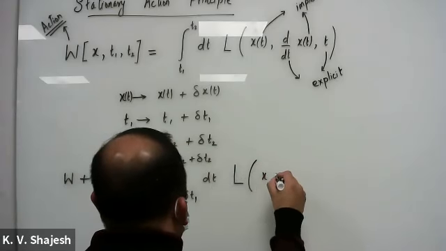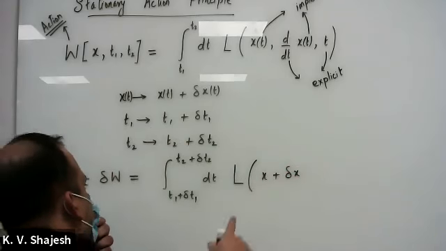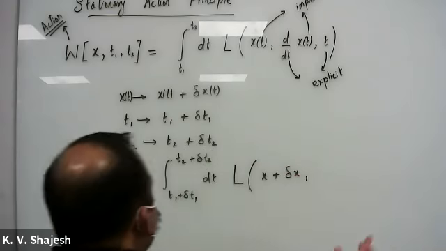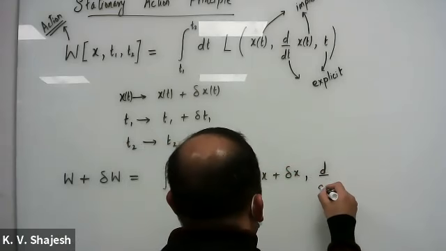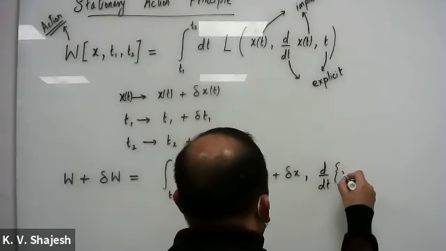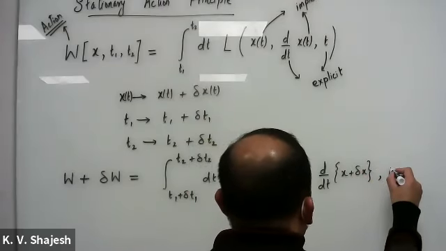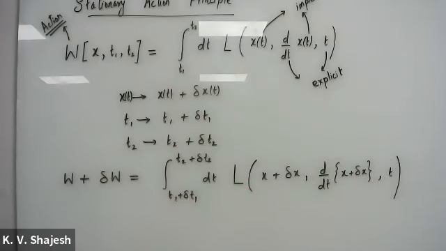So this is X plus delta X. Notice there is a time dependence here, but I'm not showing it just for avoiding the clutter if you want. And there is d by dt of again X plus delta X, and t, right? There is no change in t. t is a dummy variable. That's a complete change if you want, and we would like to get this change in the action.